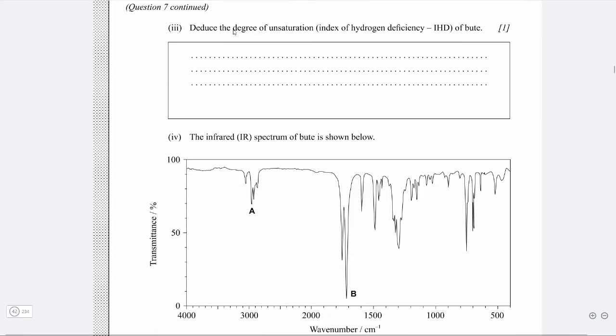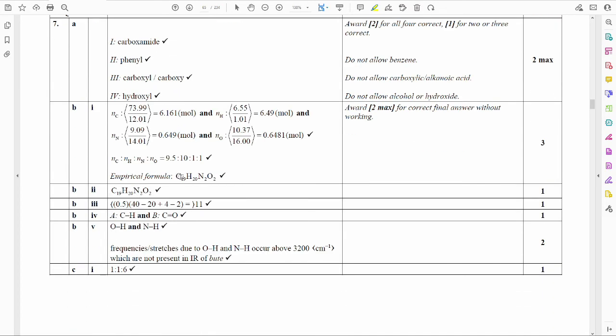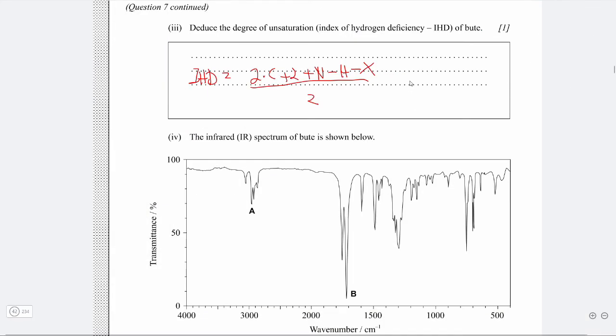Okay, and then deduce the degree of IHD. So IHD equals 2 times the number of carbons plus 2 plus nitrogen minus hydrogen minus halogens, and then divided by 2. And in this case we have 19, 22. So you have 38 plus 2 minus 20, I think, if I remember correctly.